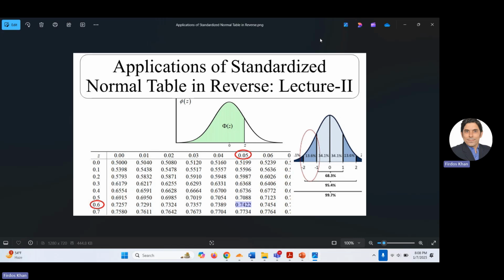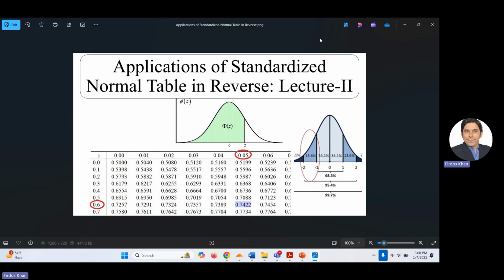That is, we normally say x is normally distributed, and z is also normally distributed but standard normally distributed, with mean 0 and variance 1. So that was the first application of the standard normal table.